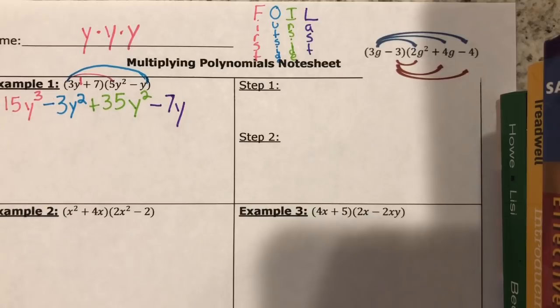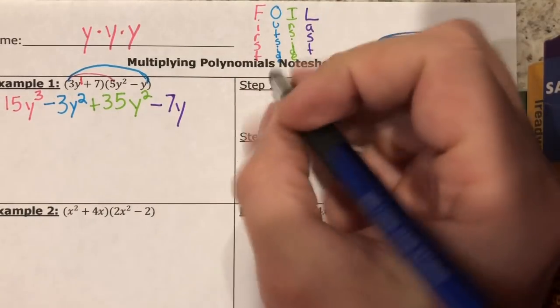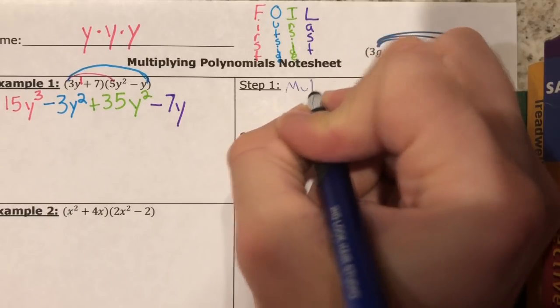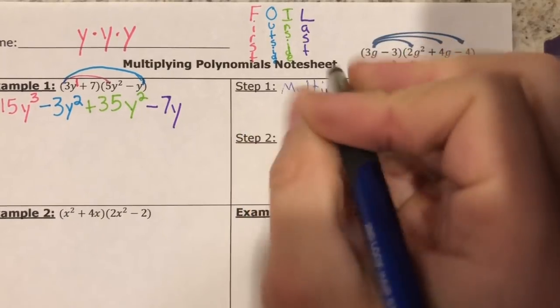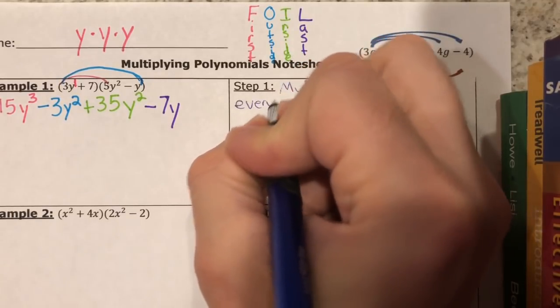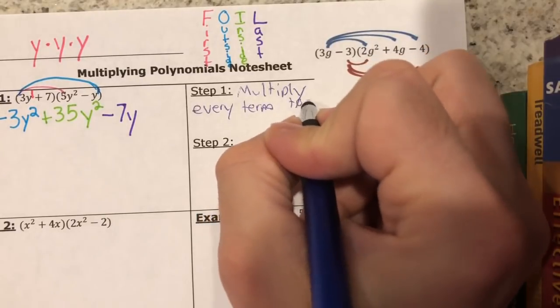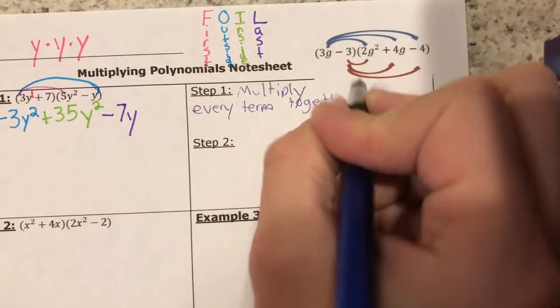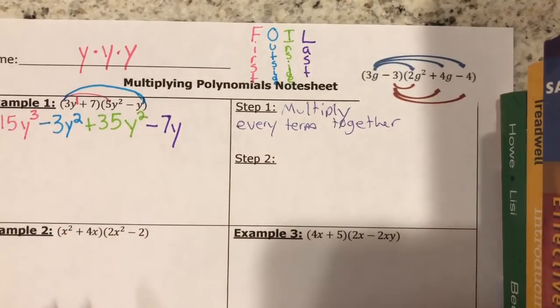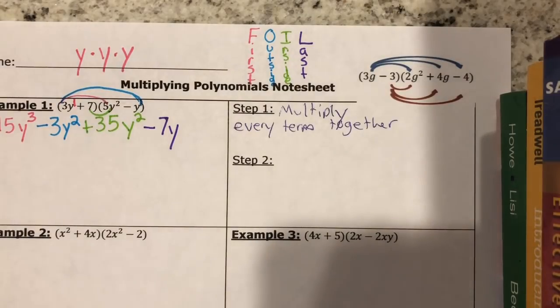So in our steps on the right, first we multiply every term together. So every term in the first parentheses has to be multiplied by every term in the last. I'm actually going to go back and color code the multiplication.